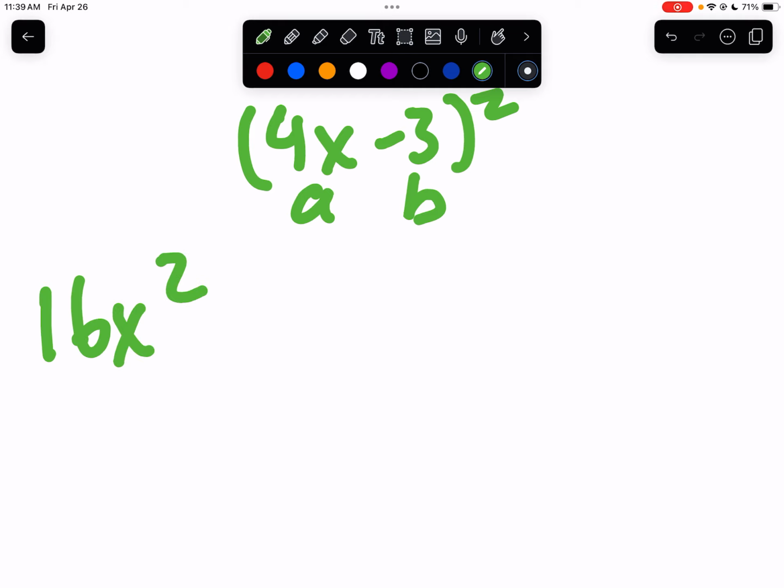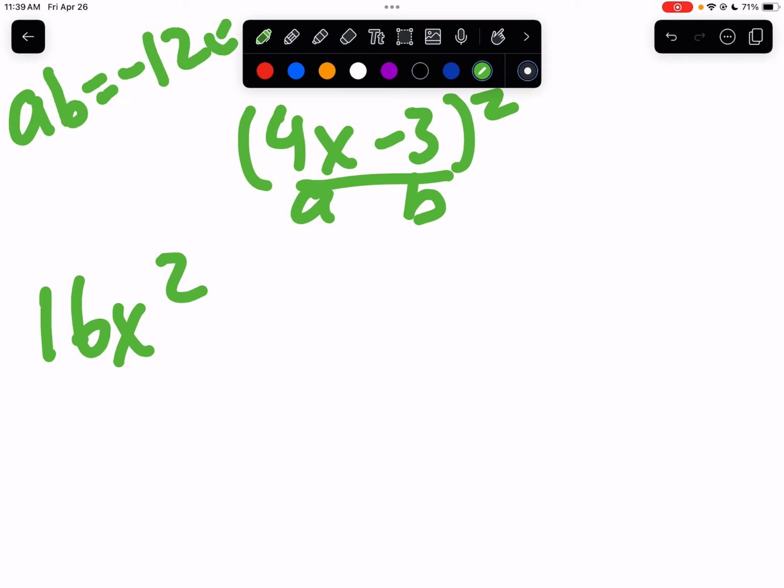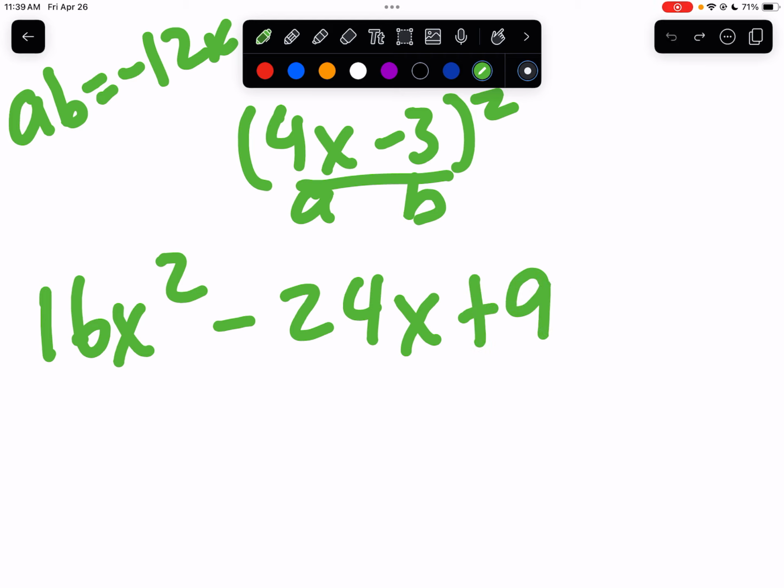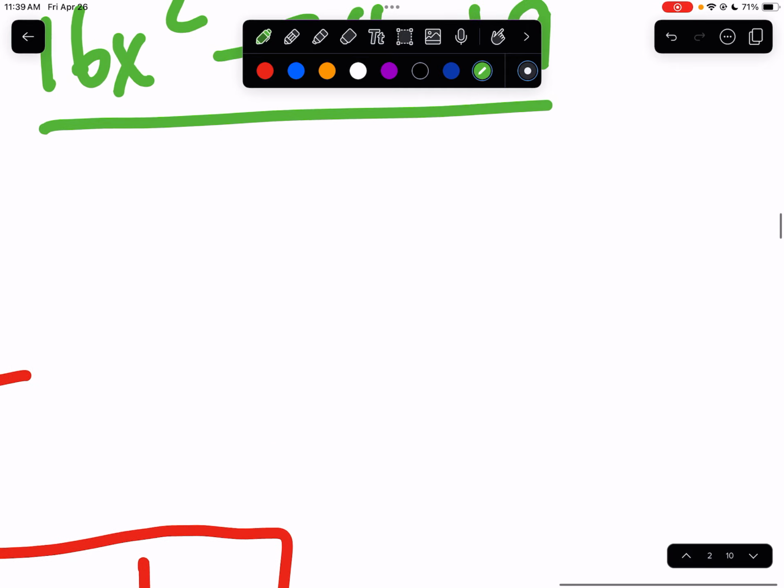Now, when you multiply those, what is A times B? It would be 4x times negative 3. That'd be negative 12x. So 2 of those, 2AB, would be 24x. That would be my outside distribution and my inside distribution. So boom, nailed it. Let's do one more real quick.